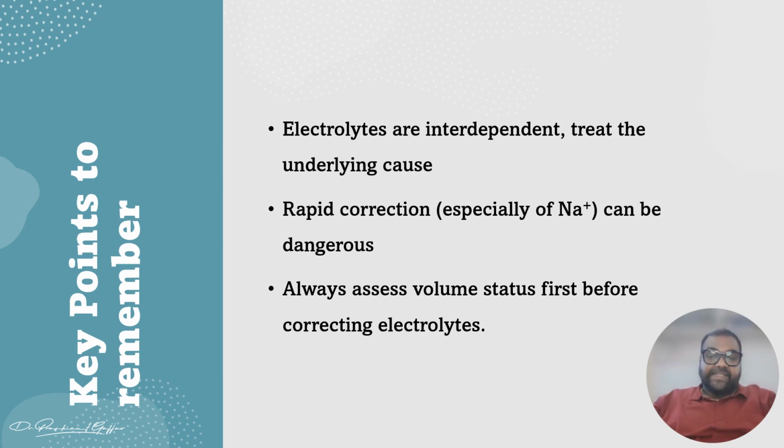And always assess the volume status first before correcting the electrolytes. First we have to see the blood volume, the water volume, and after that we will correct the electrolytes. So with the proper treatment and the proper line of management, we can easily identify the cause, right? And we can easily manage the case.